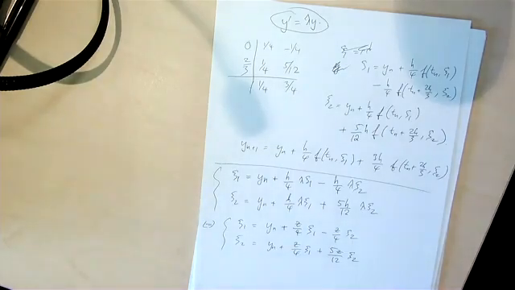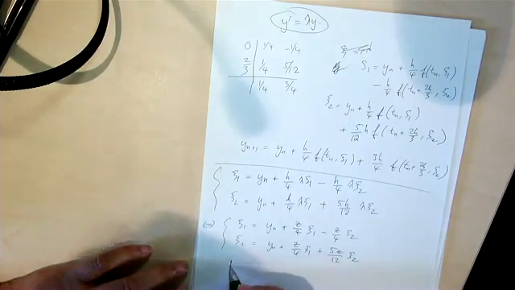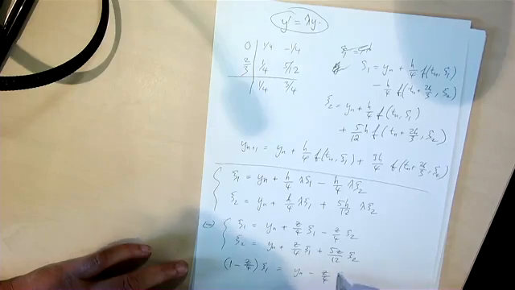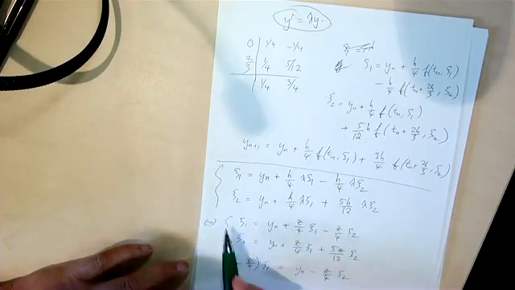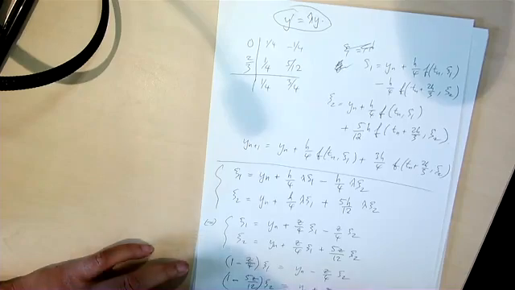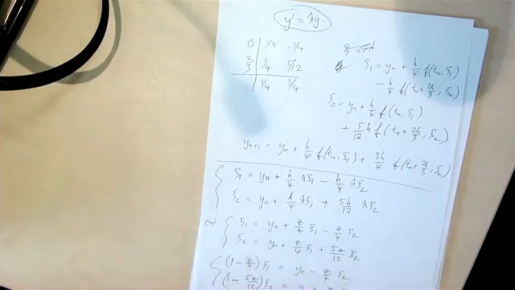But I can solve it. I just rearrange it: 1 minus z/4 times xi1 is yn minus z/4 xi2, and 1 minus 5z/12 times xi2 is yn plus z/4 xi1.